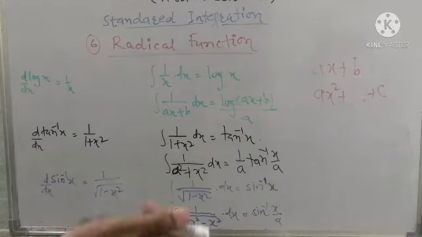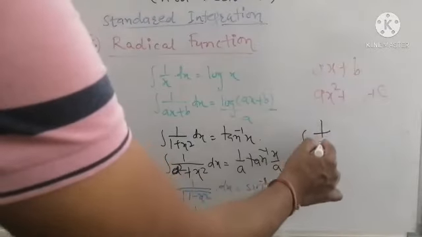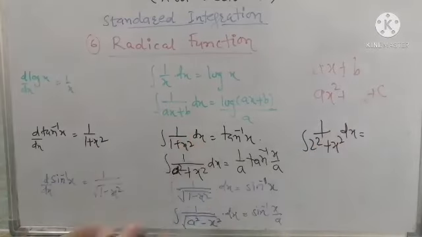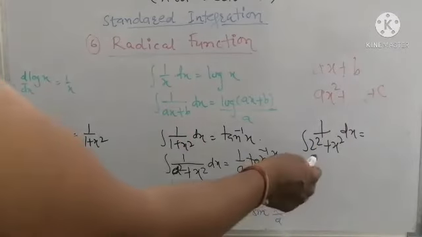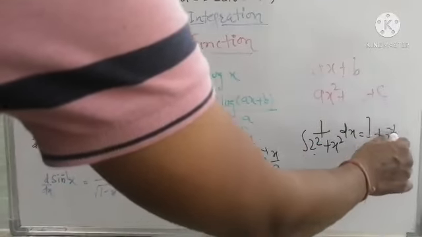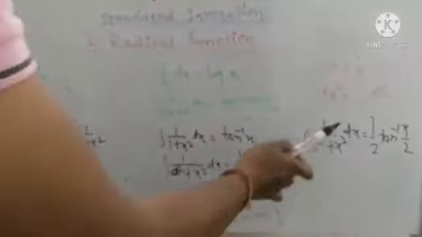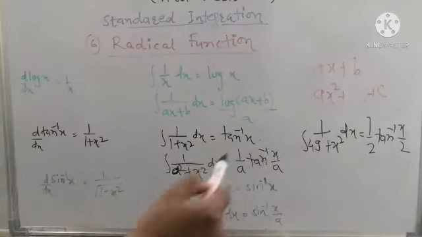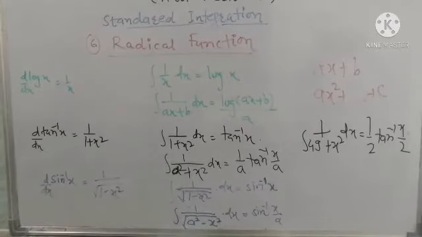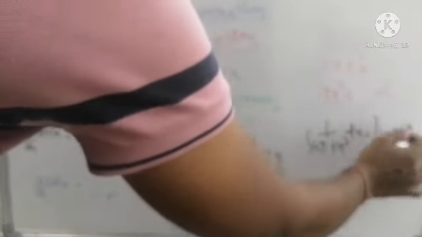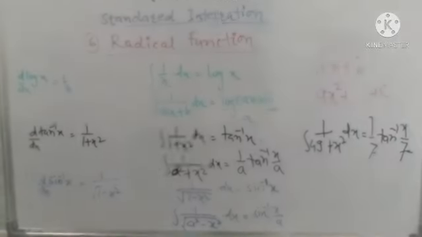For example, if I take the integration of 1 upon 2 square plus x square, then its integration will be, as here a is 2, 1 upon 2 tan inverse x upon 2. Similarly, if I take here 49, actually 49 is the square of 7, it means a is 7, so the integration of this is 1 upon 7 into tan inverse x upon 7.